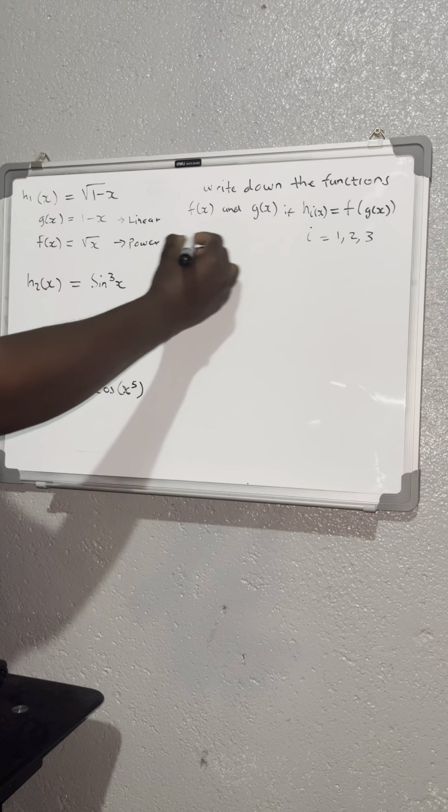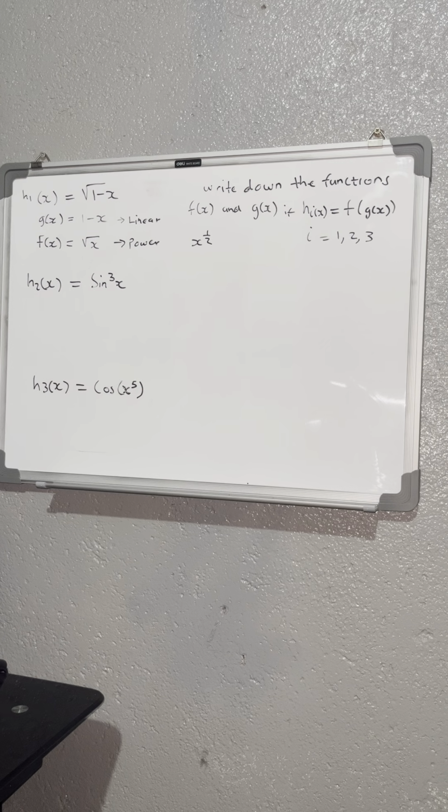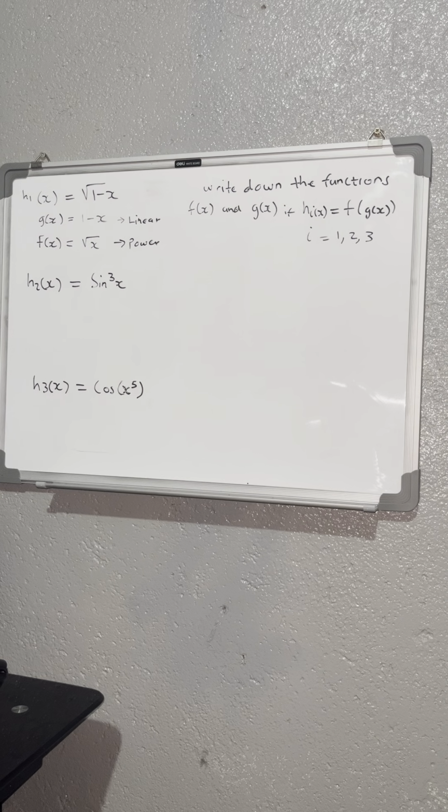Remember, this one can also be written as x to the exponent 1 over 2. So first rule, you remove the first one, you replace by x, then move on like that. So these are still the easiest ones. We're still going to get to the ones that are much more complicated.